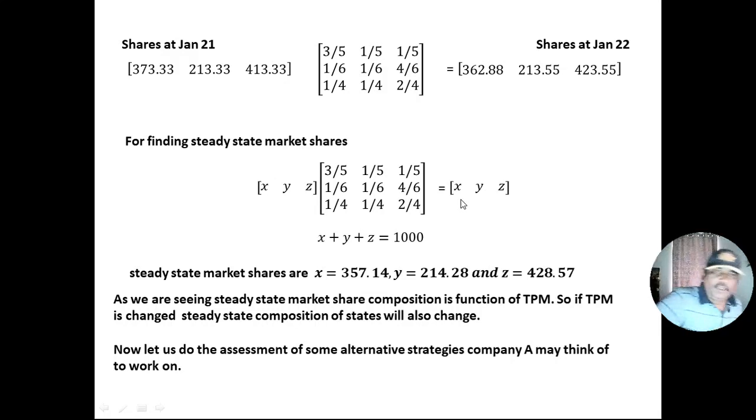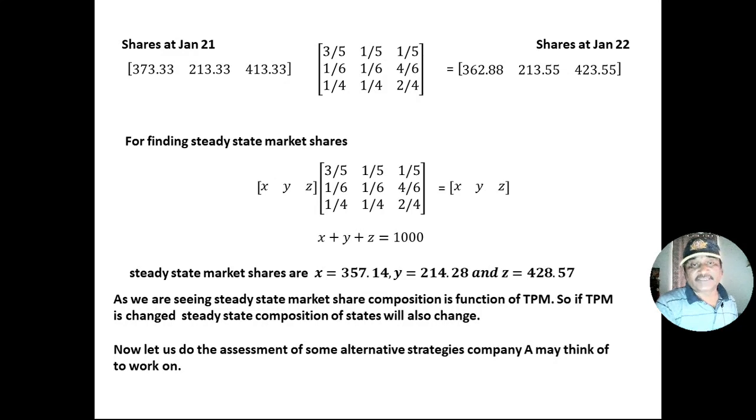So all in all, to get steady state market share, you don't need to know the initial market share or previous market share, because as you have taken x, y, z, on the right hand side there is x, y, z again. So steady state depends on the transition probability matrix. For a given transition probability matrix, steady state is fixed.